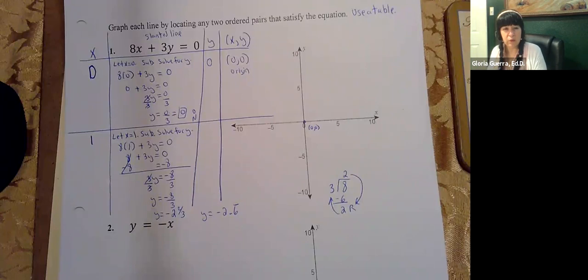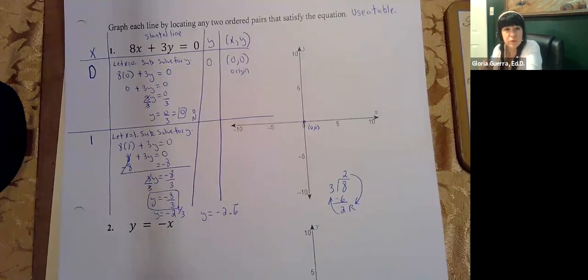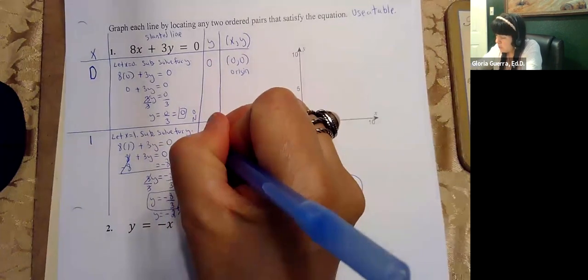Even if you round correctly, like to the hundredths place, I don't think it will allow decimals. It either wants fraction form, and I'm not sure it will allow the mixed number either. So you just want to be aware of that. When you start doing your homework, it should cue you in. So I'm just going to put negative 8/3.